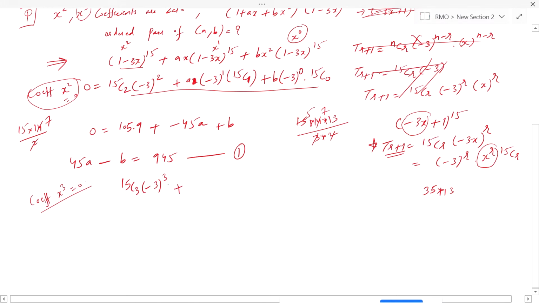What is the equation? 3276 is equal to 945a minus 45b, in x cube. The equation in x cube is coming in a very simple form. You can take 45 out common and then it becomes... Take 45 common, what will come? No, not 45 common, 5, 12, 3 common everywhere.